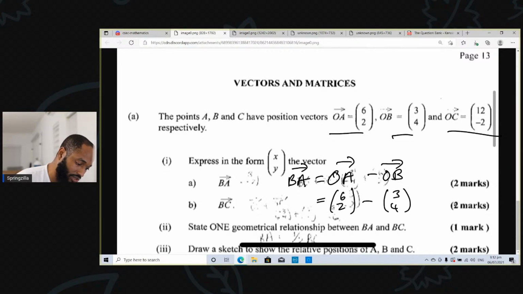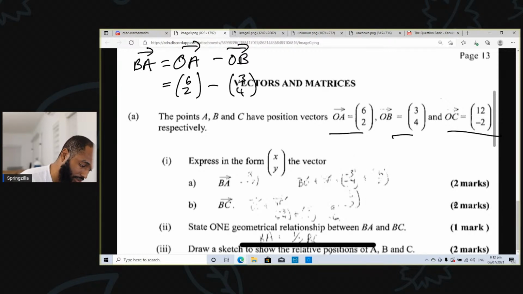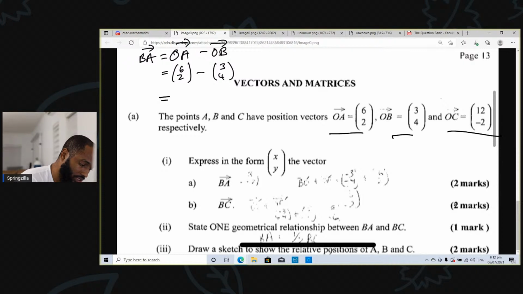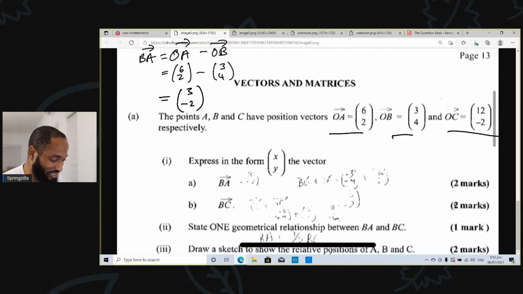Let me move it up here so people can see the numbers. 6 minus 3 is 3, and 2 minus 4 is negative 2. So this is 3, negative 2. Whoever you are, you were correct.